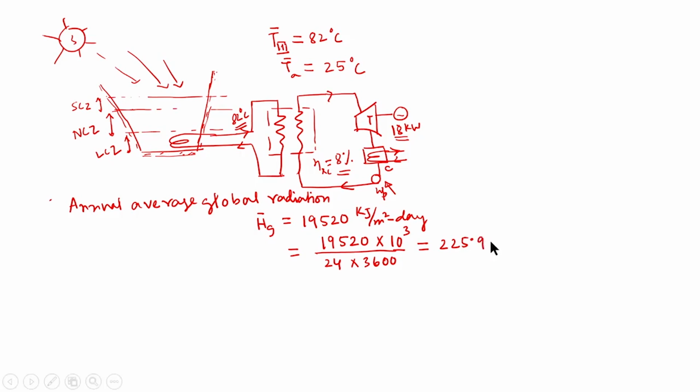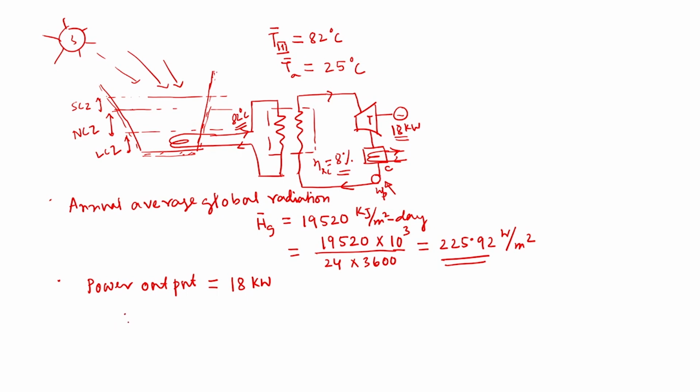So, this is something like 225.92 watt per meter square, right. So, this is important. We need many times this information, and also we know power output which is equal to 18 kilowatt, right, and efficiency of the Rankine cycle is also given, it is 8%.